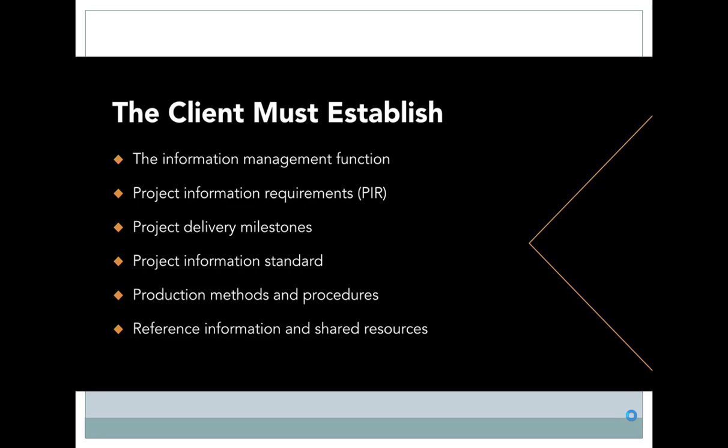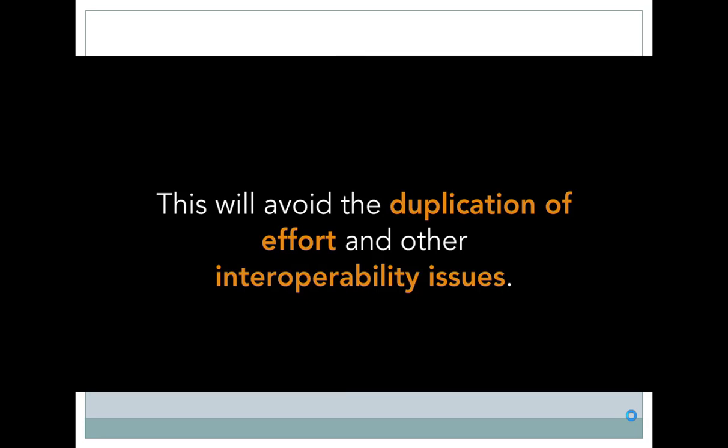Establish the project references, information and shared resources, with the existing asset information and any shared resources like templates or libraries. This will avoid the duplication of efforts and other interoperability issues.